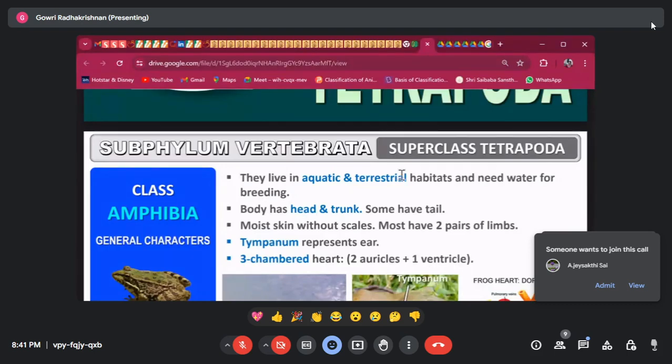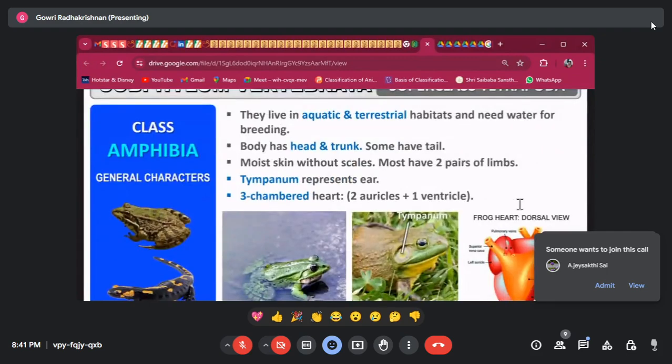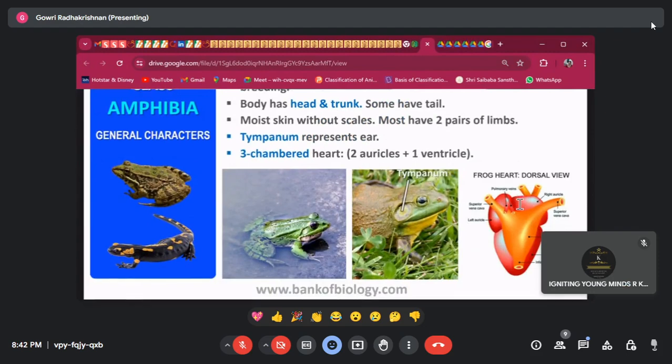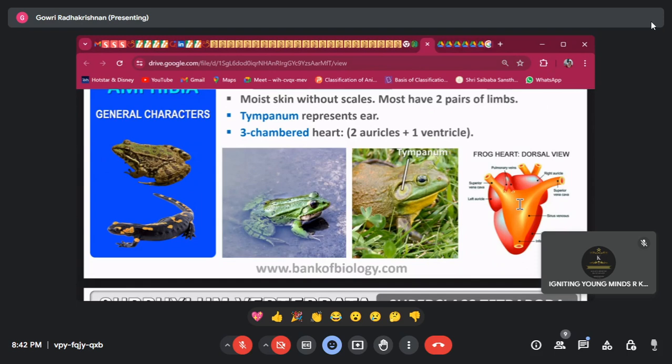The superclass Tetrapoda: they live in aquatic and terrestrial habitat and need water for breeding. Body has head, trunk. Some have a tail. Moist skin without scales. Most have 2 pairs of limbs. Tympanum represents ear, 3-chambered heart, 2 auricles and 1 ventricle.